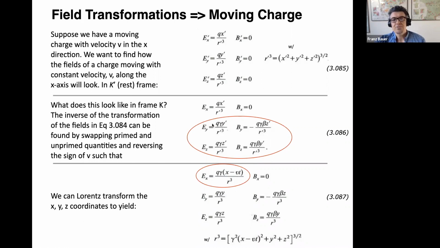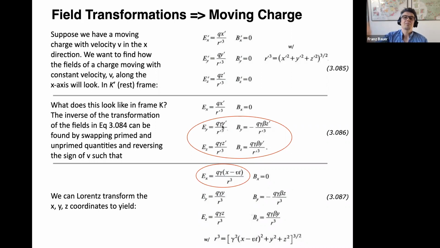In the X direction the transformation is okay so far, and we have extra terms that come from transforming the Y and Z directions. We get this perpendicular component which materializes in the Y and Z directions.